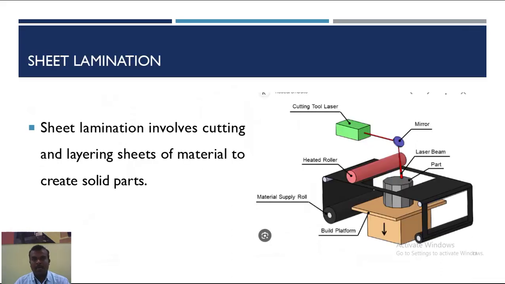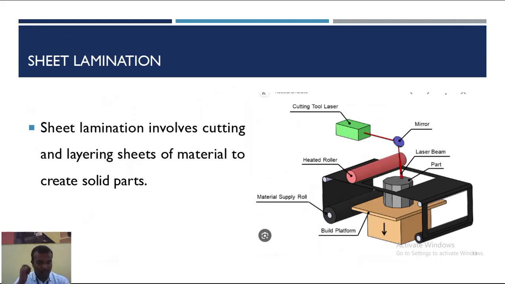Then the next thing is sheet metal lamination, or laminated object manufacturing technology. In that process, the raw material is in very thin sheet form, with a thickness of around 0.00025, I think.